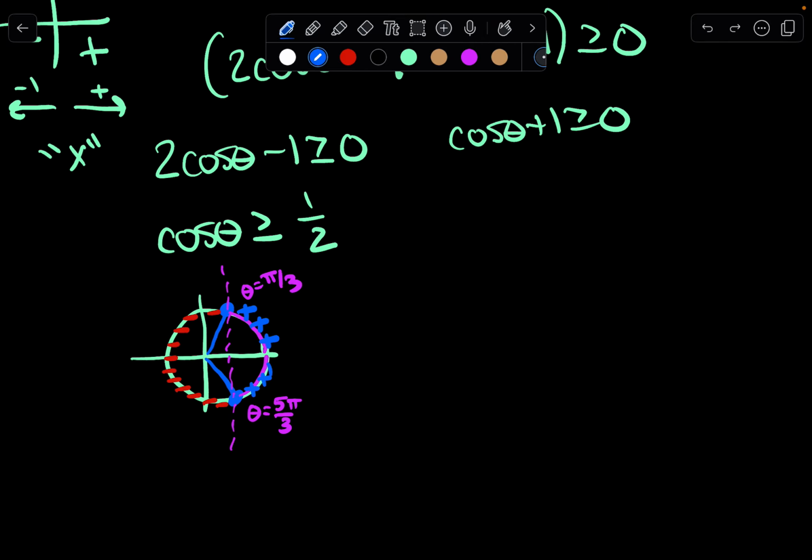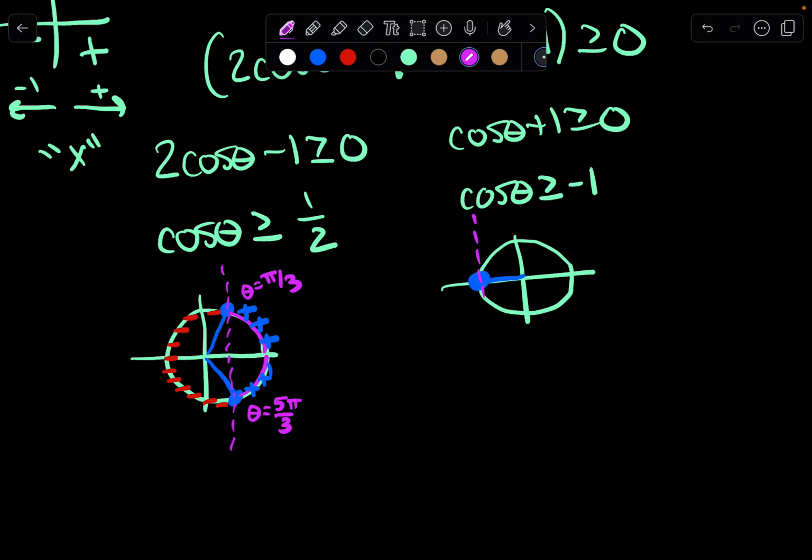All right, for the second one, we will have cosine theta is greater than or equal to -1. So we'll have our circle in the xy plane. Cosine is -1, that's going to be here. So when is cosine greater than or equal to -1?